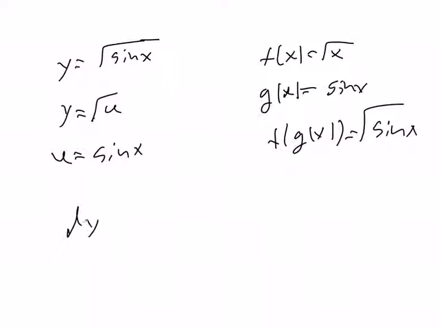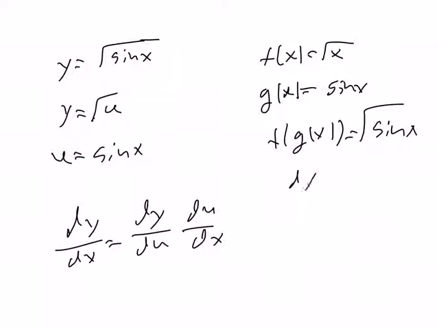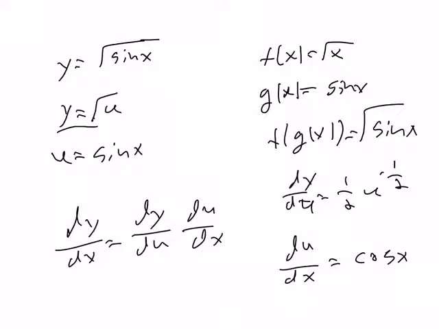So again, we have dy over dx is equal to dy over du times du over dx. Well, what's dy over du? That's over here, that's a half u to the negative a half. And what is du over dx? Well, that's cosine x, right?